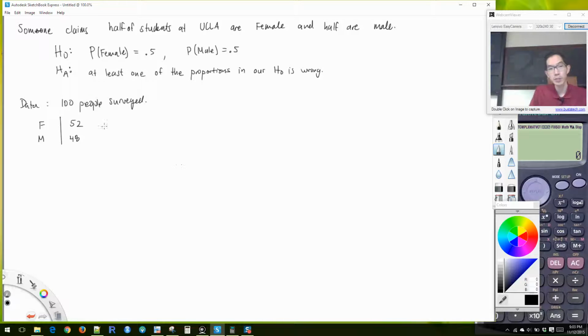And so this is our data, and what we have to do is create expected counts if the null hypothesis were correct. So if the null hypothesis were correct, what would be the expected counts? The expected counts would be 100 times 0.5. We would expect 50 to be female, and 50 to be male.